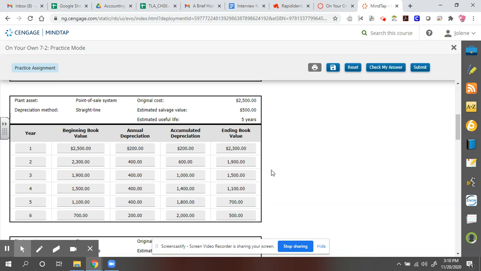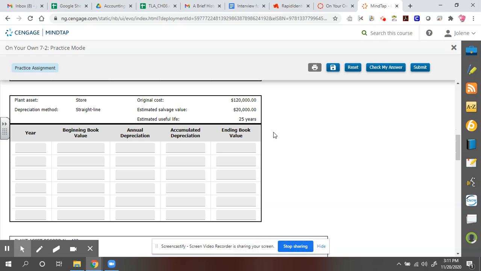And that's how we took care of the point of sale system. Okay. It takes practice to figure out these partial years. I get that. It takes practice. Okay, so that was the point of sale system.